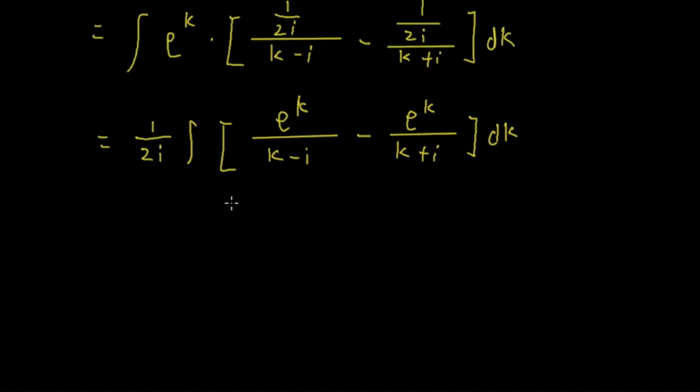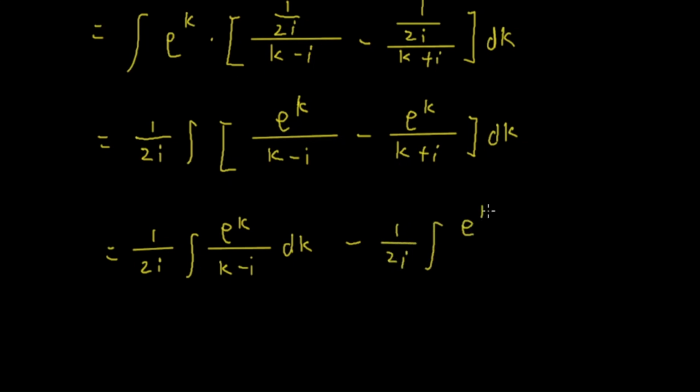Now, let's break it down into two integrals, right? So 1 over 2i integral of this, minus 1 over 2i integral of this.